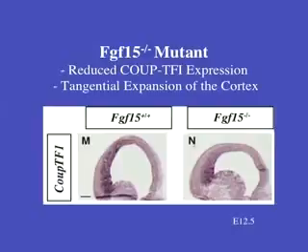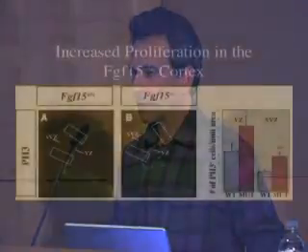You may also note for specialists that the shape of the cortex is quite different. It looks maybe elongated in the mutant. So we have decreased COUP, and if you remember what happens in the COUP loss-of-function mutation, where we found increased mitosis, one would predict that you would see increased mitosis in the FGF15 mutant if the CoopTF1 expression is the driving force for the mitosis.